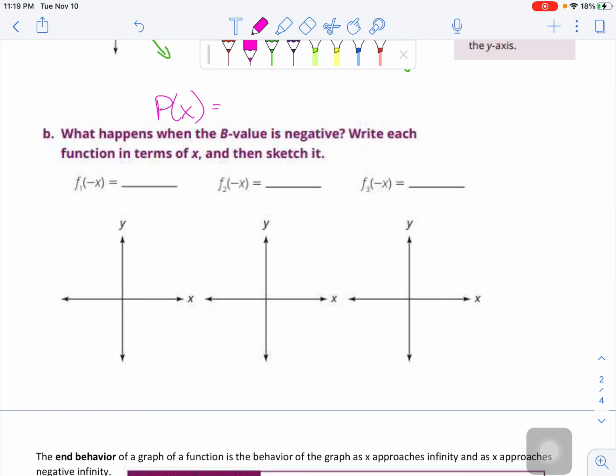So our power function here is equal to A times (bx) to the n. Actually, hold on, let me make that an n, so it applies to all of these, okay? So when the B value is negative, that is directly attached to the x value.